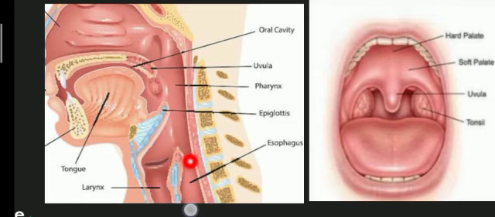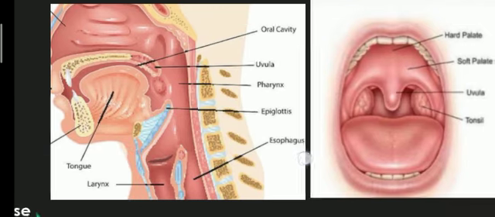So this is the function of epiglottis, that it closes the opening of the trachea and helps push the food towards the esophagus. There is a voice box located in front of the windpipe, at the entrance of the windpipe, that is known as larynx, and this larynx helps us to speak.